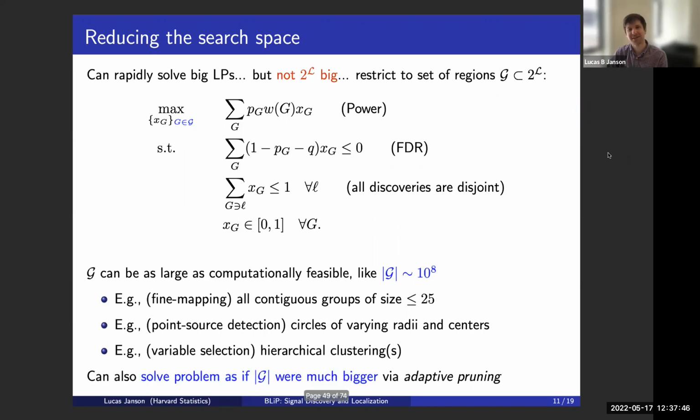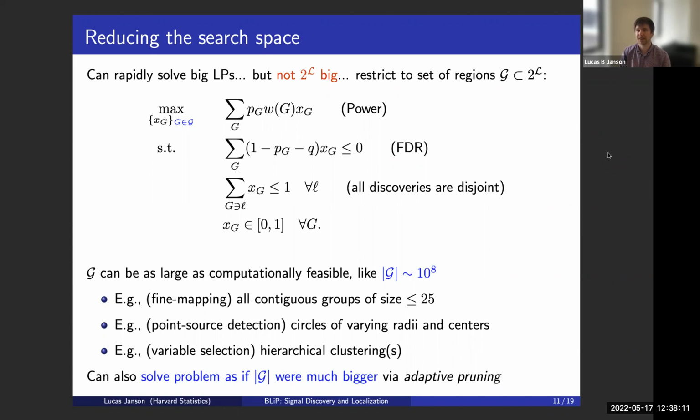Good. So the other, I think, important point here is that we can do what we call adaptive pruning, where we initially consider a really, really big script G, and then we can look at all the PIPs, but not actually plug most of them into the optimization problem. The way we do that is we look at the PIPs, which again is the probability that a region contains a signal.